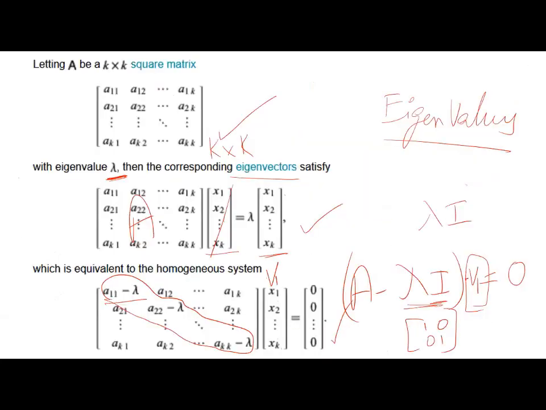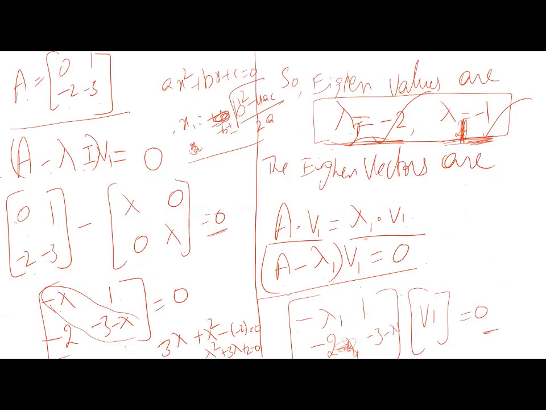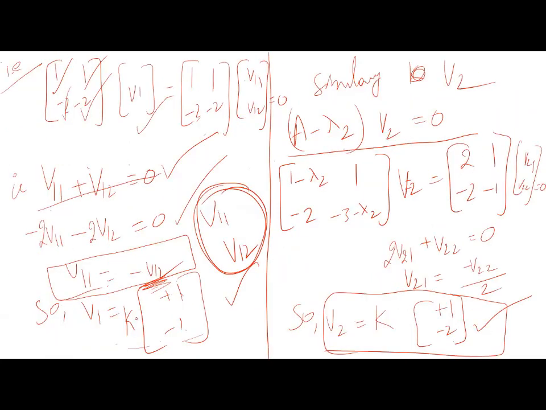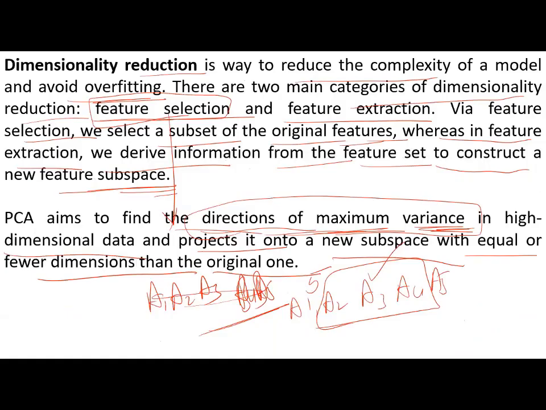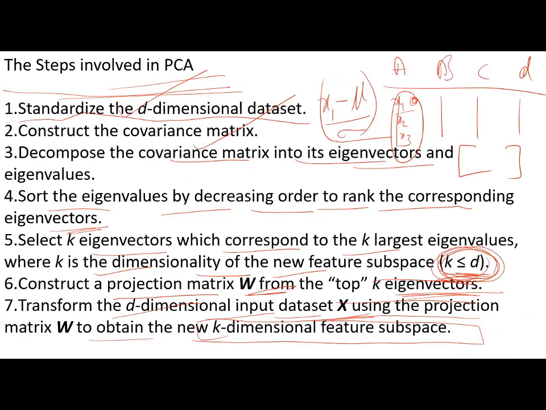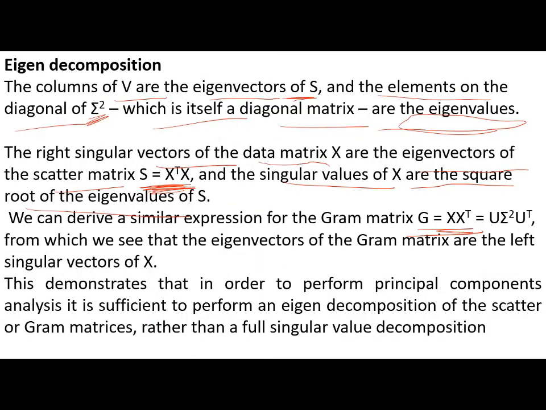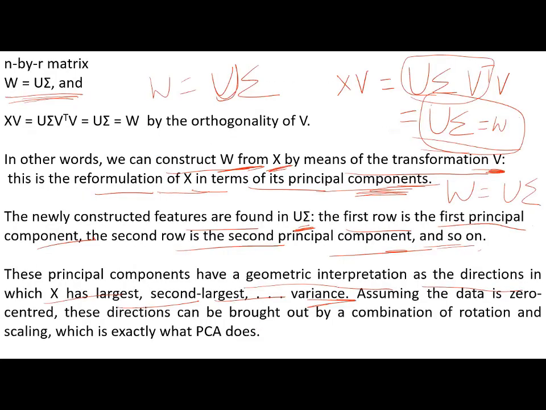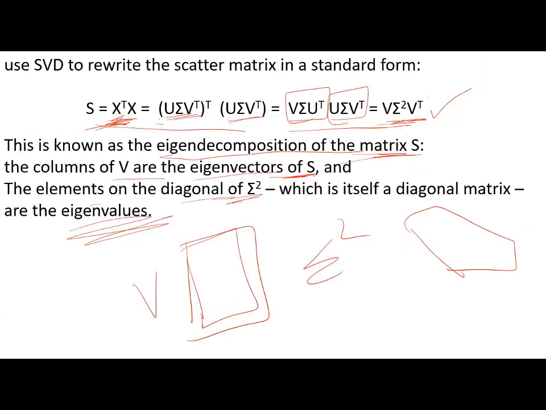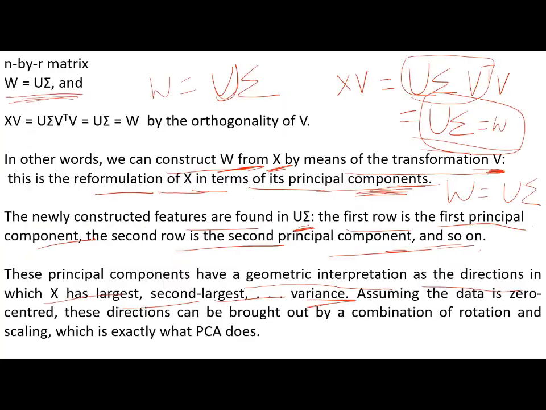That is nothing but eigenvalues and eigenvectors, so you have to know how to calculate eigenvalues and eigenvectors. This is just an example I have shown you. The complete task depends on eigenvalues and eigenvectors, and the third one is SVD.